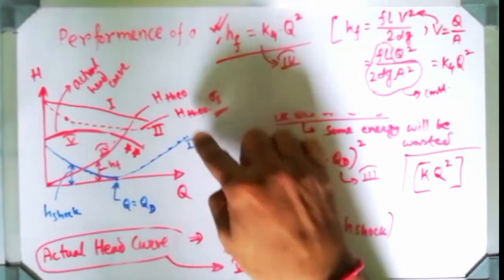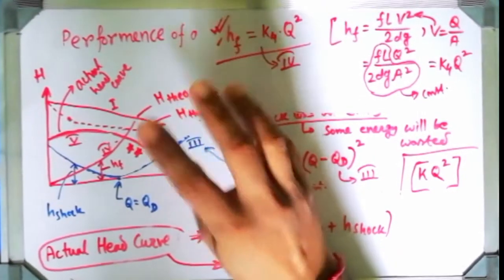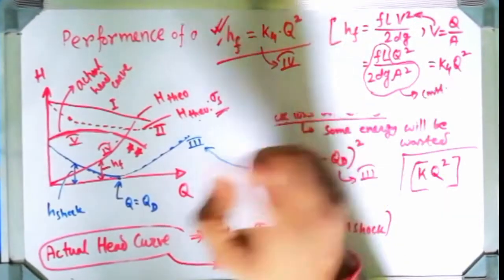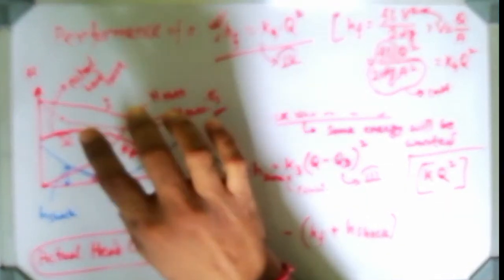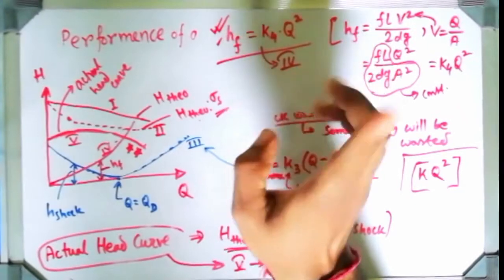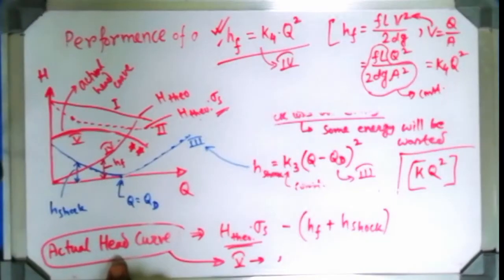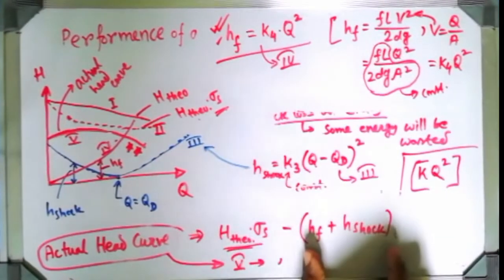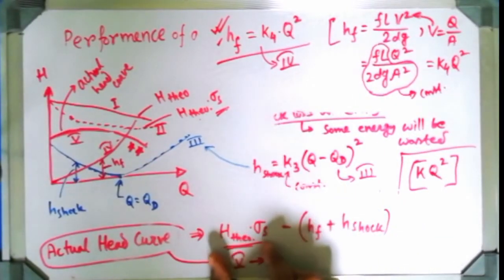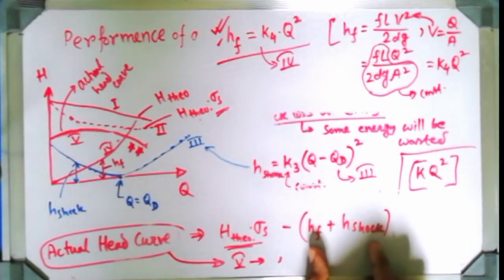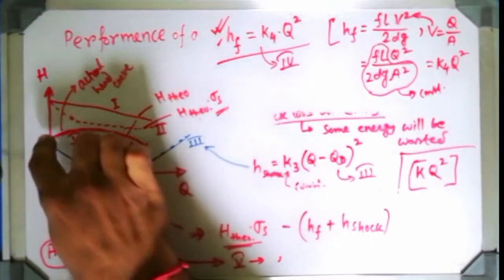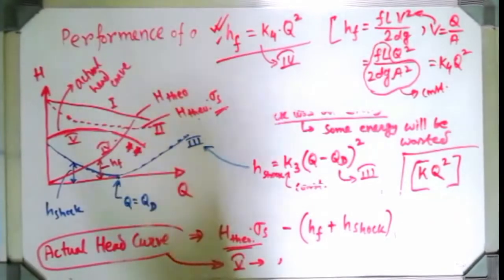Number 3 is the head curve due to shock loss. Number 4 is the head loss due to friction curve. And after having all these curves, I get the actual head curve if we do this subtraction: the ordinate value of number 2 curve minus the sum of these 2 curves. Then we will get this kind of actual head curve.